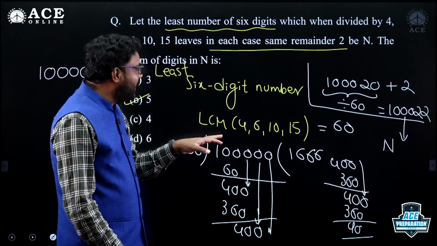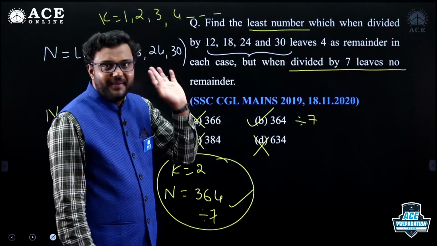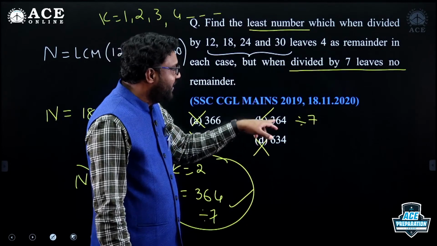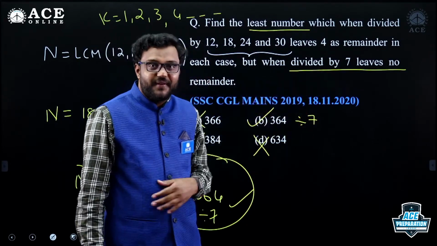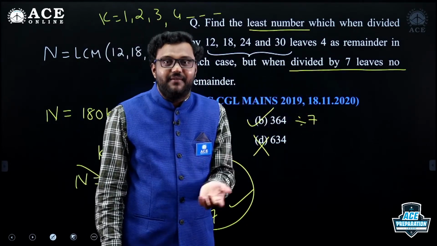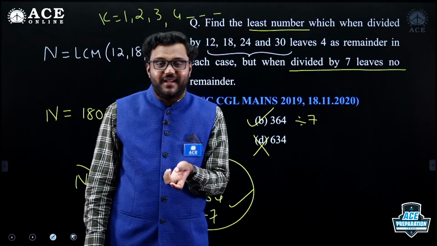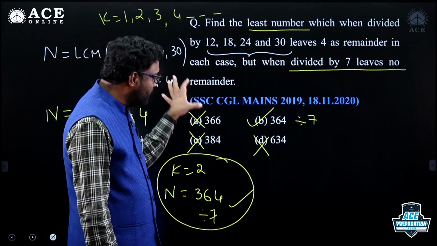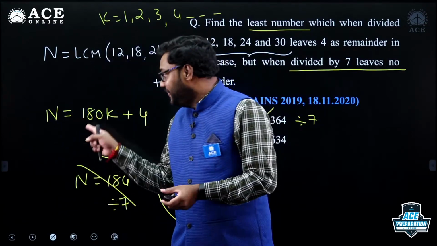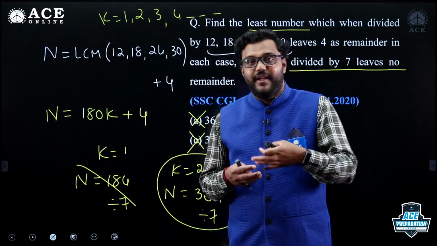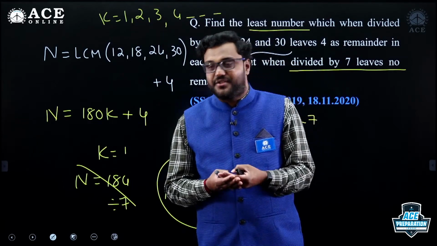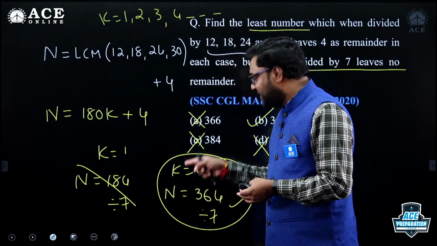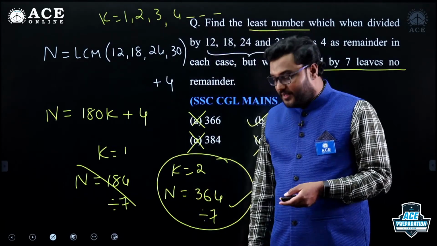When options are directly given like this, we can check which option is divided by 7, option verification. But if they give it at the next level, like sum of digits, it's not easy, dear. So we should work with the original method. We have a variable k here. Why that variable k is required is we should make sure this number is divided by 7. Very good, my dear friends.